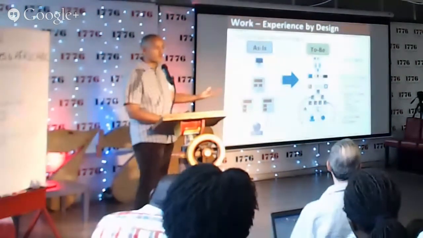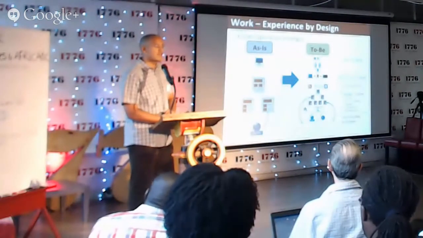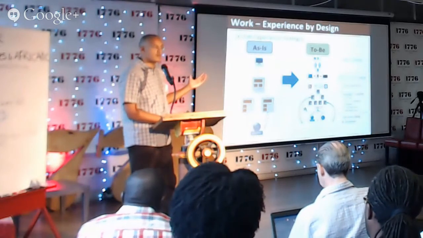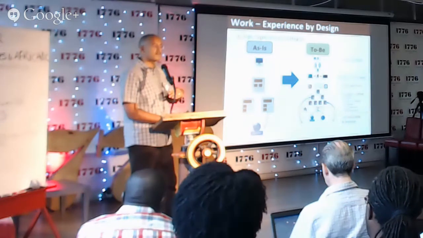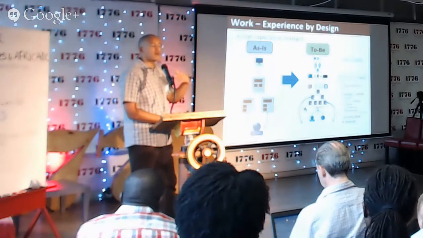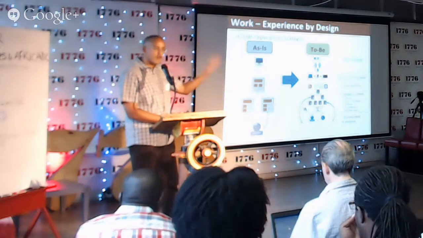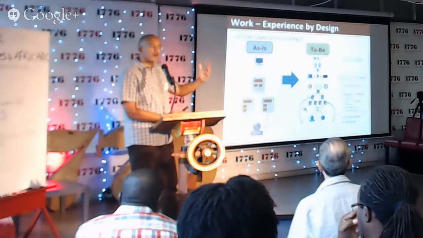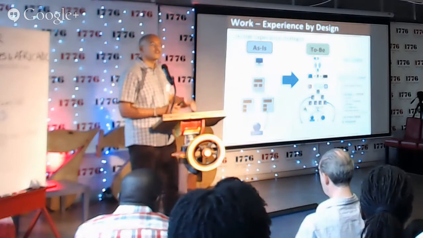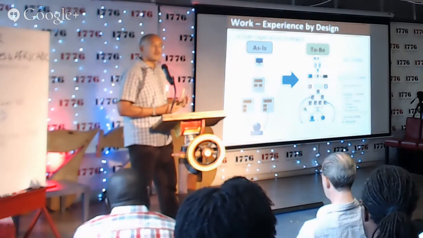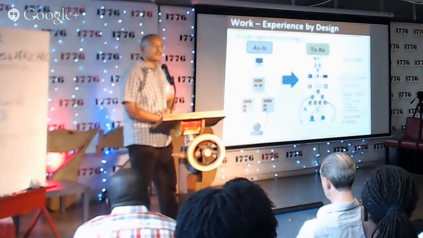I also function as a user experience strategist, creating roadmaps to get the teams onto the same page, not only developers, but the stakeholders and the people who fund it, and developing a clear direction.